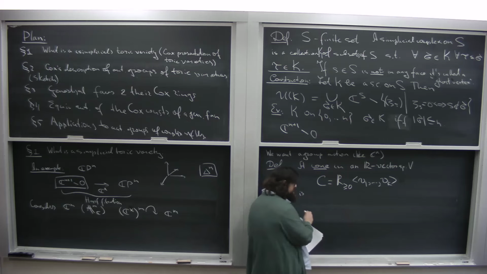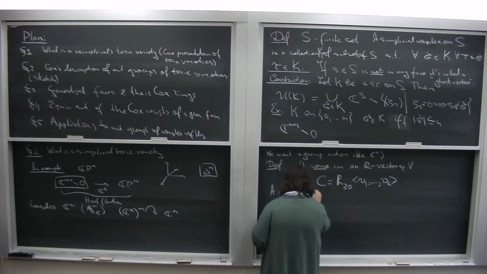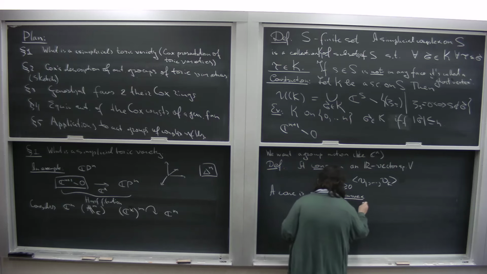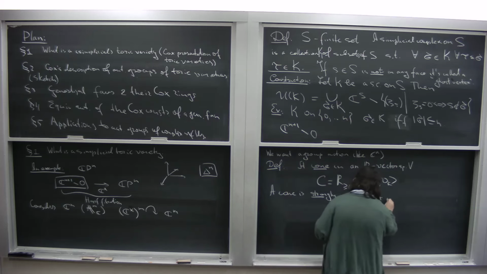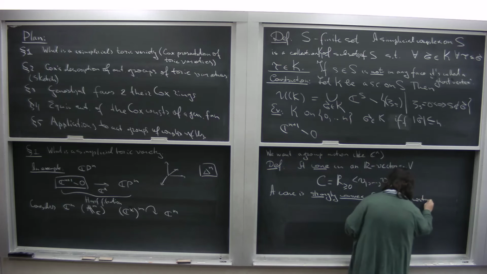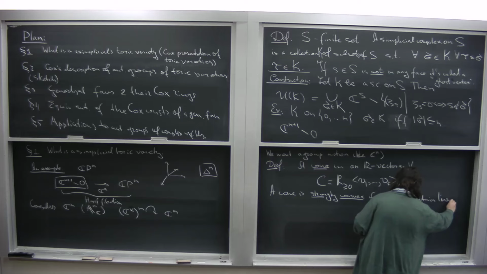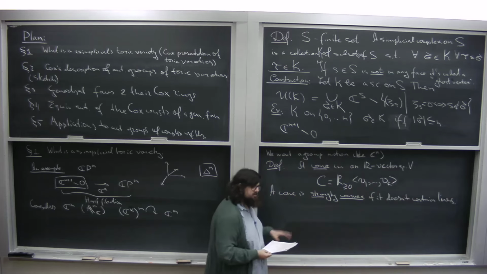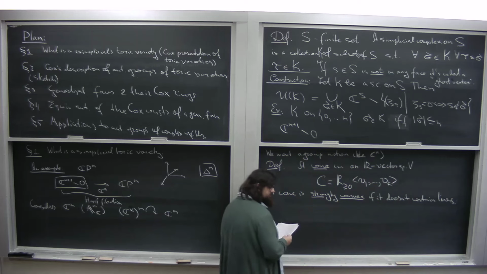Yeah, I'm going to say something about this in a moment. A cone is called strongly convex if it doesn't contain lines.